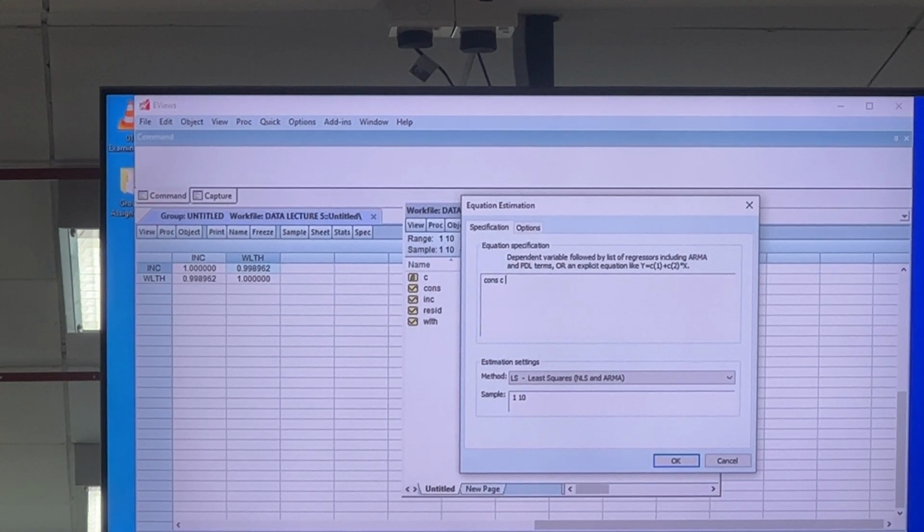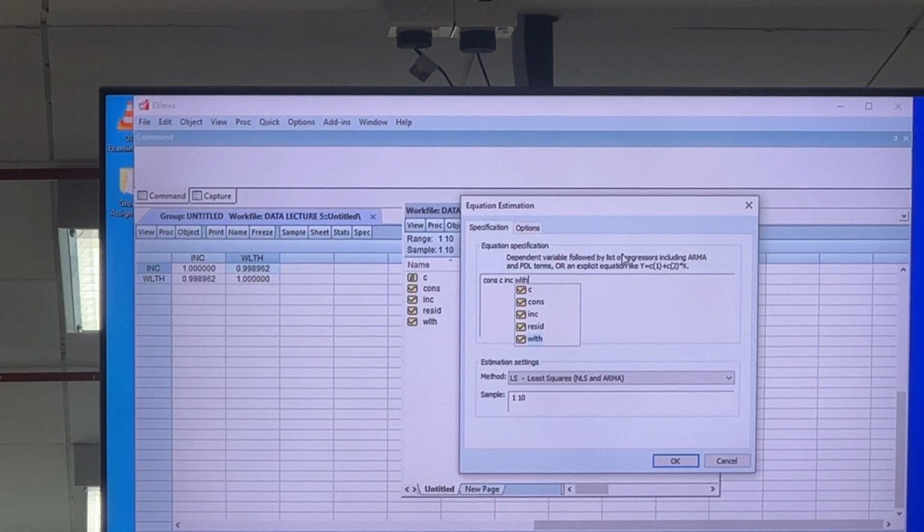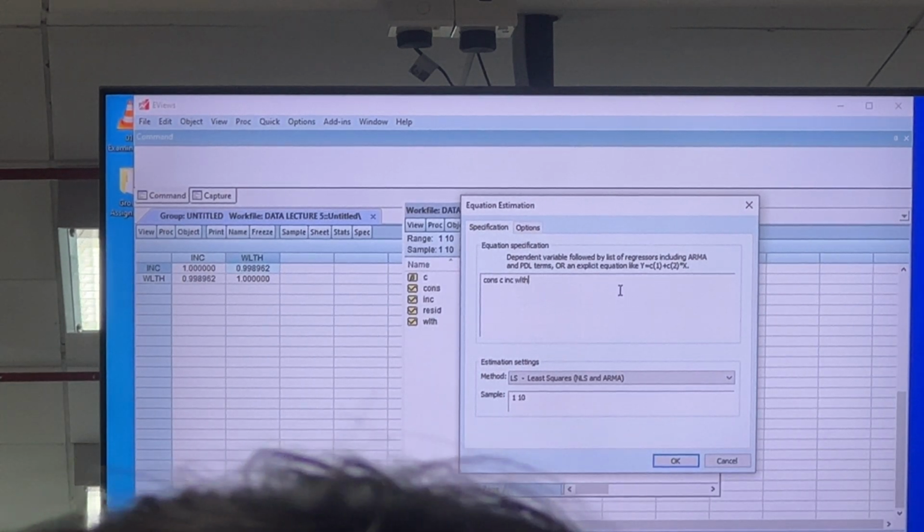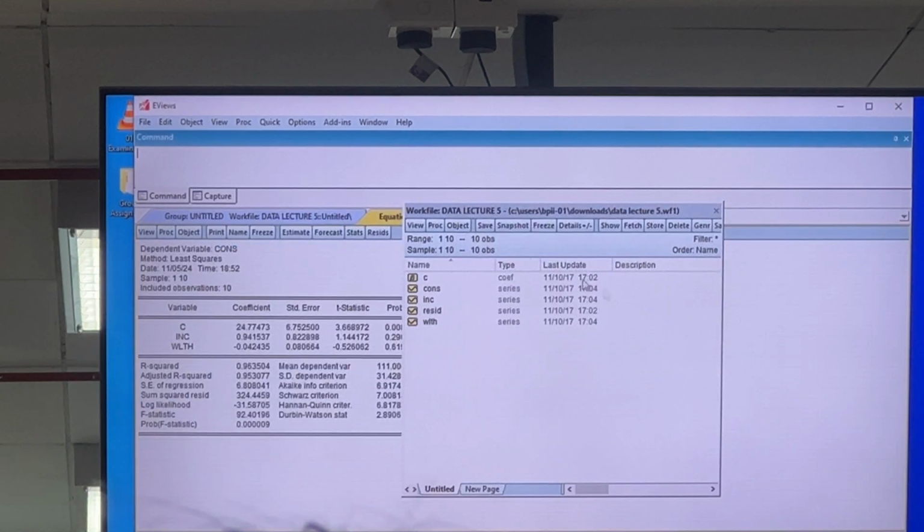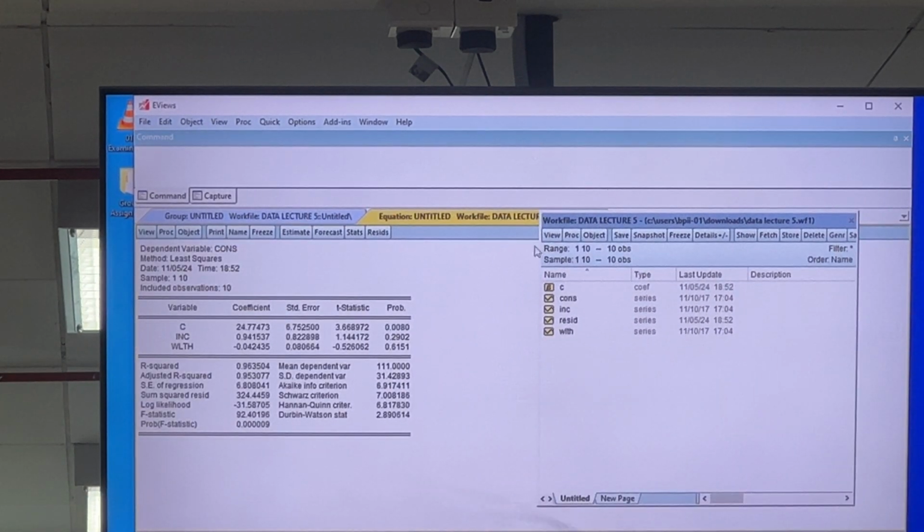Remember, C for beta 0, the intercept. And then we have income, INC, and then wealth, WLTH. Okay, so we get this estimate.